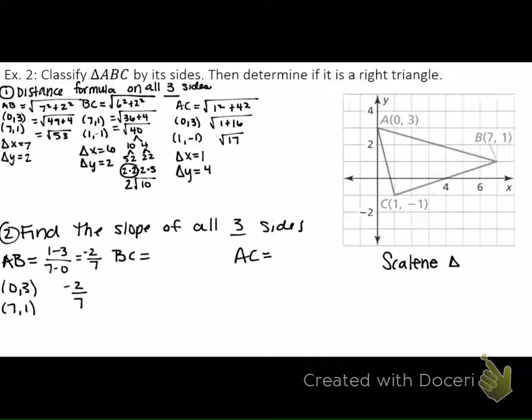Is anybody confused on how I'm finding the slope? Do we all understand that from last year? Please don't be shy. Ask questions if you have them.